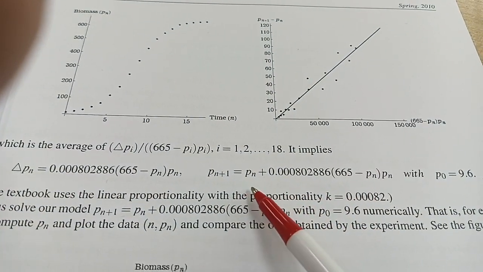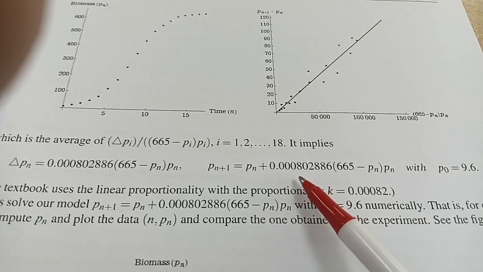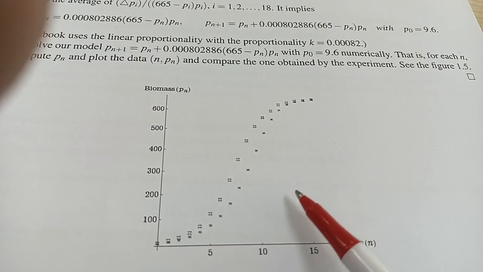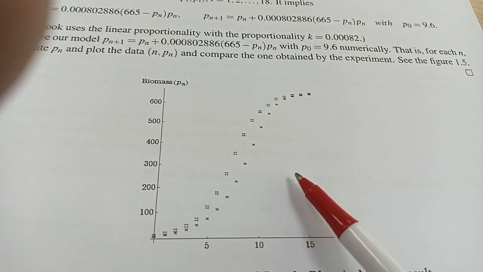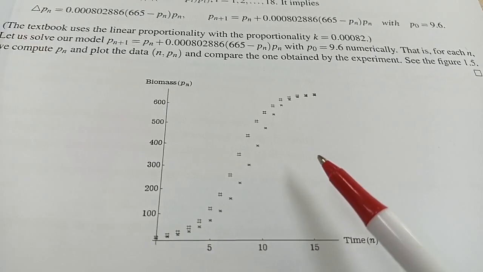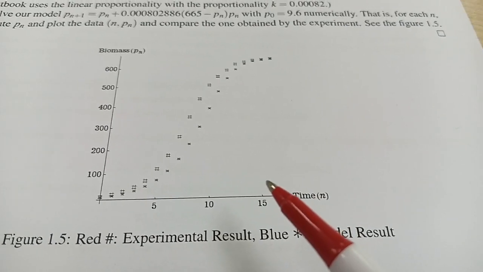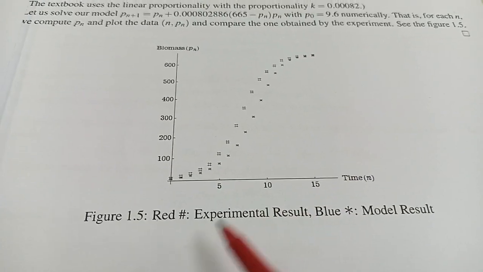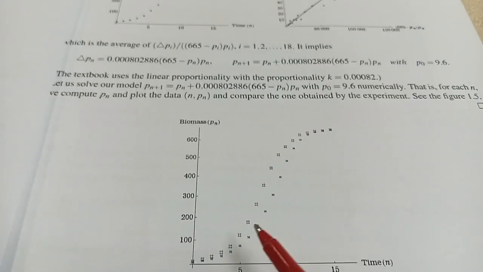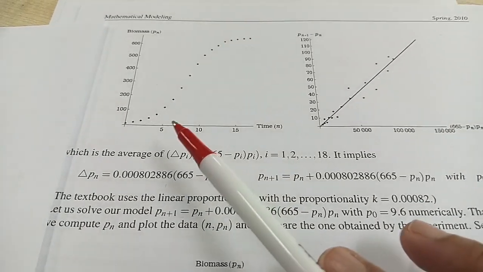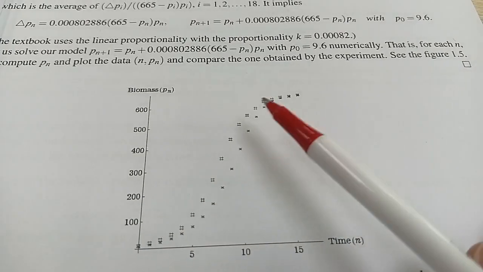Okay, so since we are able to construct the model for the growth of the biomass, we need to compare. This is the validation or verification part where we need to compare actual and the model. Here, if it is in color mode, we have the actual data, the one that we plotted earlier.